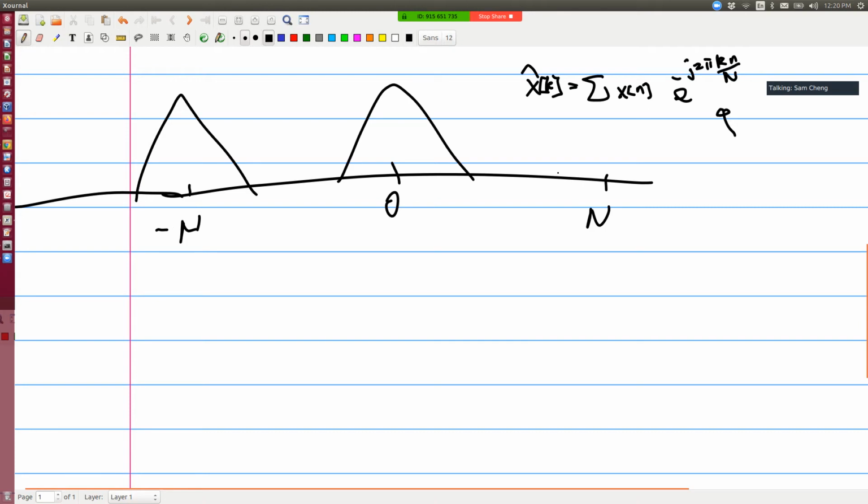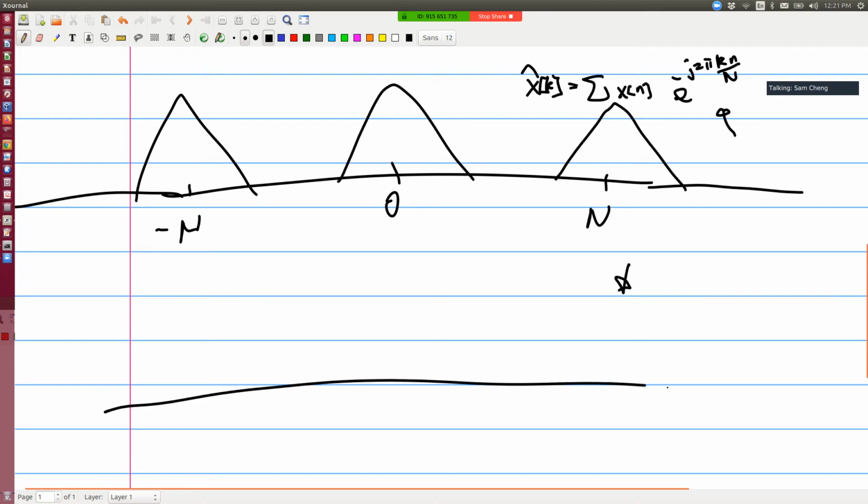I have a signal like this, maybe I start with the original frequency like this. If I do downsampling, my signal, originally N samples, will now go down to just N over 2 samples.